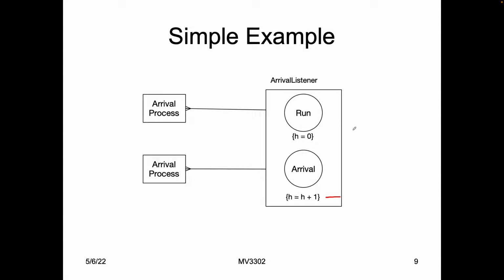This is about as small an event graph as you can possibly get, but it adds functionality. In other words, it gives you a value that summarizes, and no matter if we had many arrival processes, this would still capture the total of all of them, if that's something we're interested in.